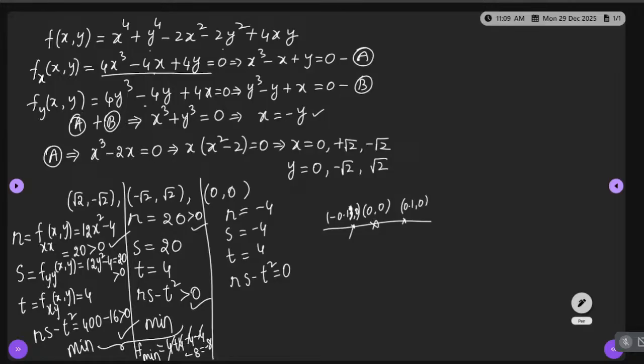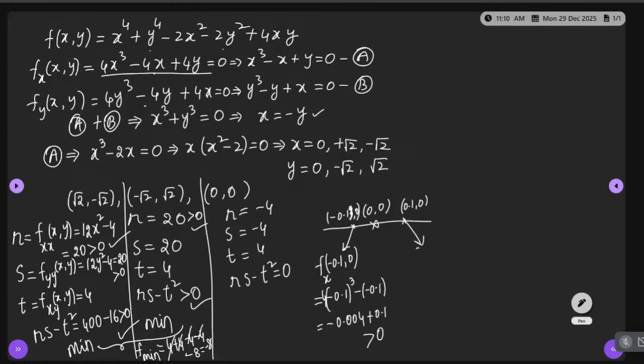At this, fx of minus 0.1 is 4 into minus 0.1 whole cube minus of minus 0.1, which is minus 0.004 plus 0.1, positive.